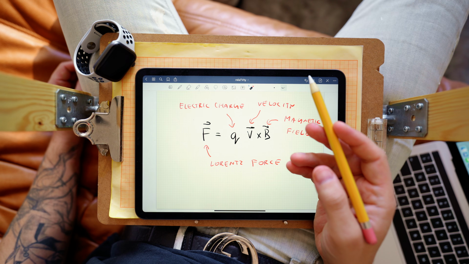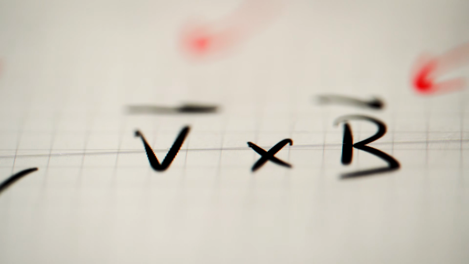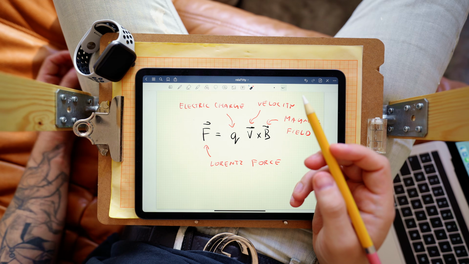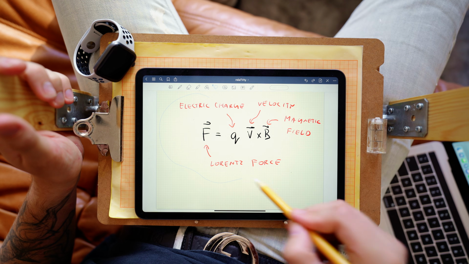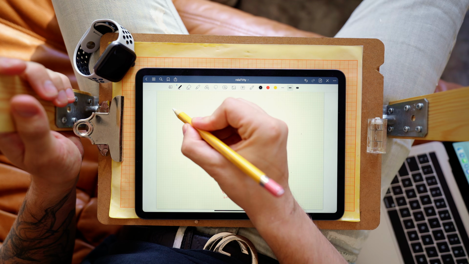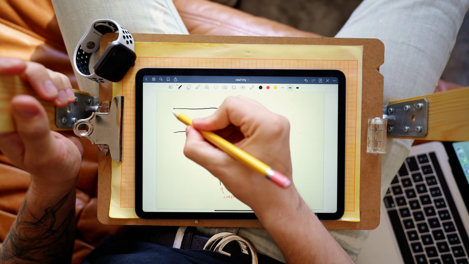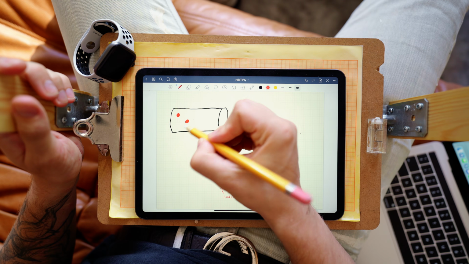So this is the problem that made physicists scratch their heads for nearly 30 years. And Albert Einstein was the first guy to solve it. To understand what the problem is, let us consider an example in which the magnetic field is generated by a piece of metallic wire conducting an electric current.